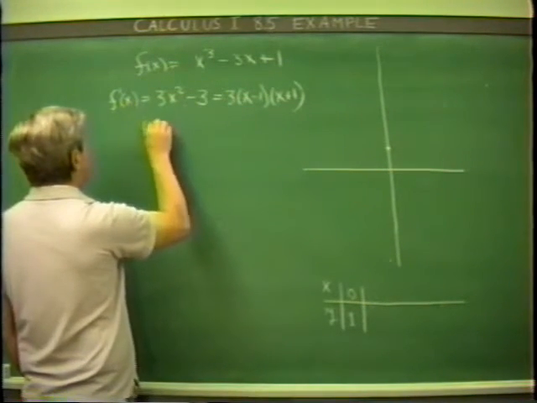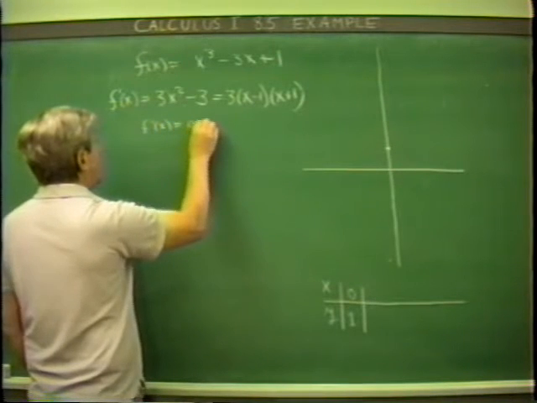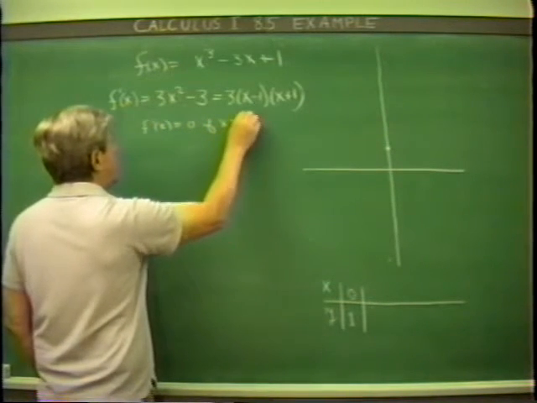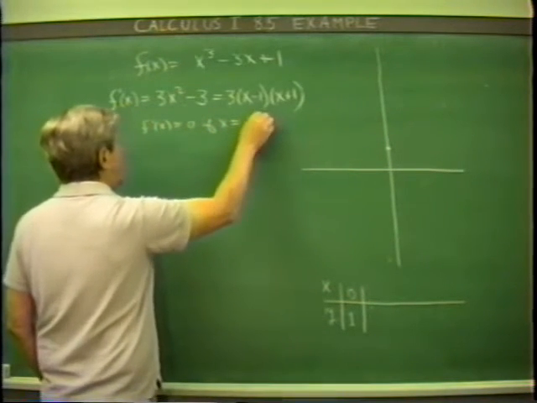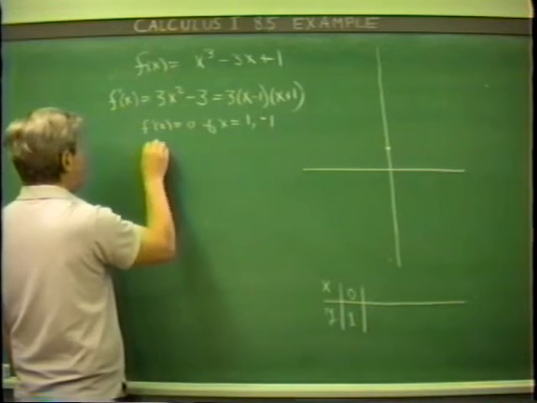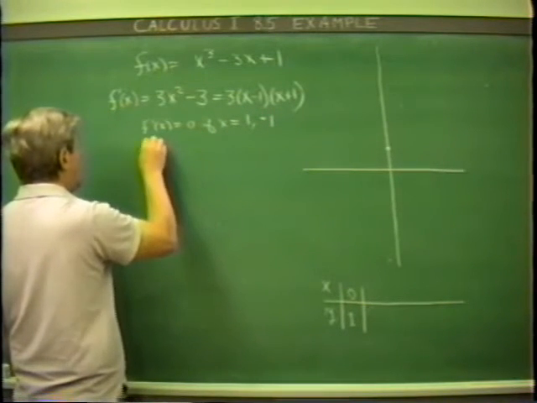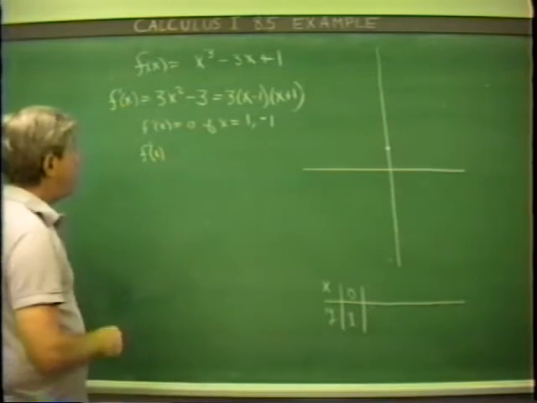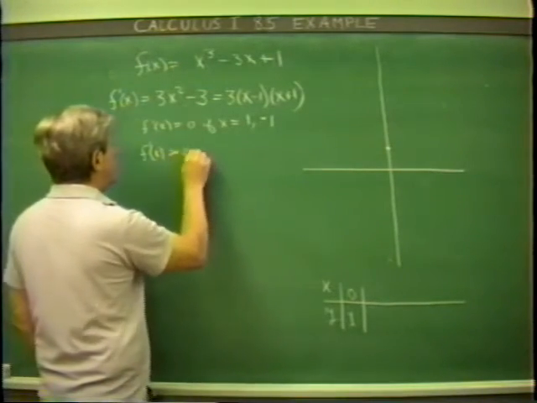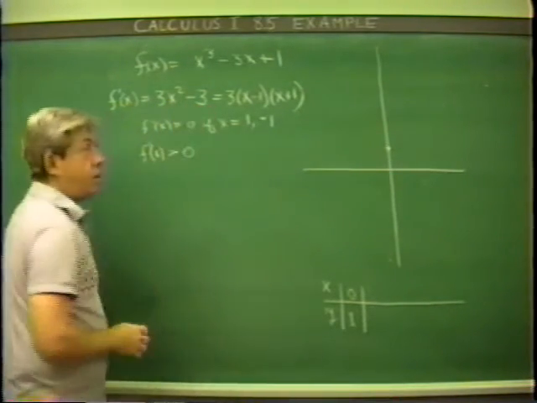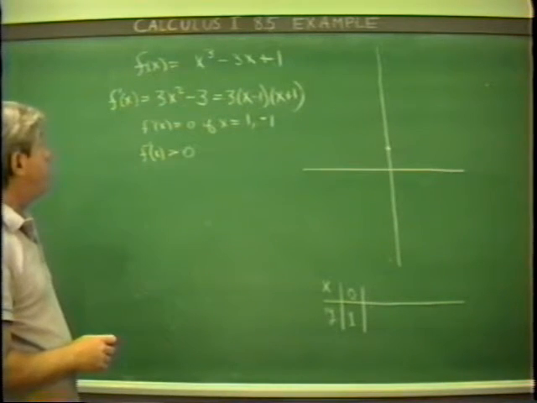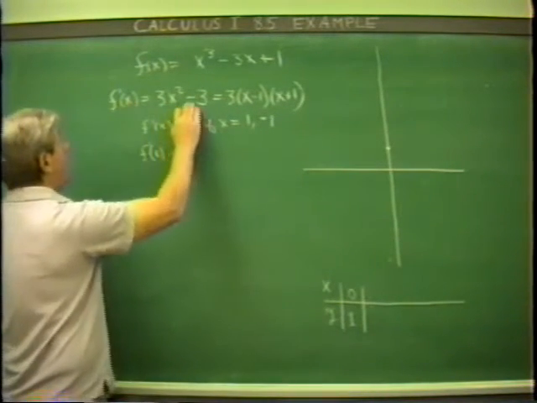All right. So f prime of x is 0 if x is equal to 1 or minus 1. F prime of x here is relatively simple.